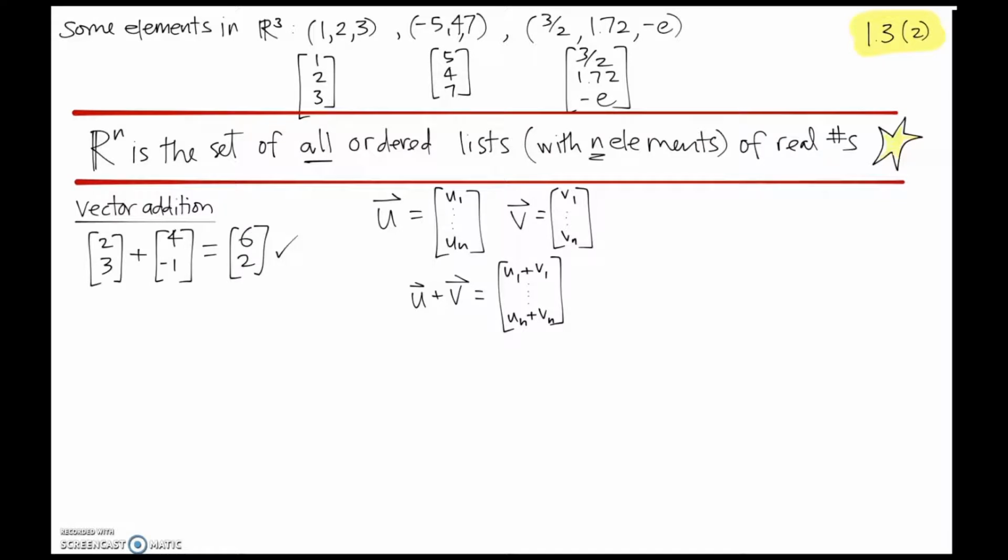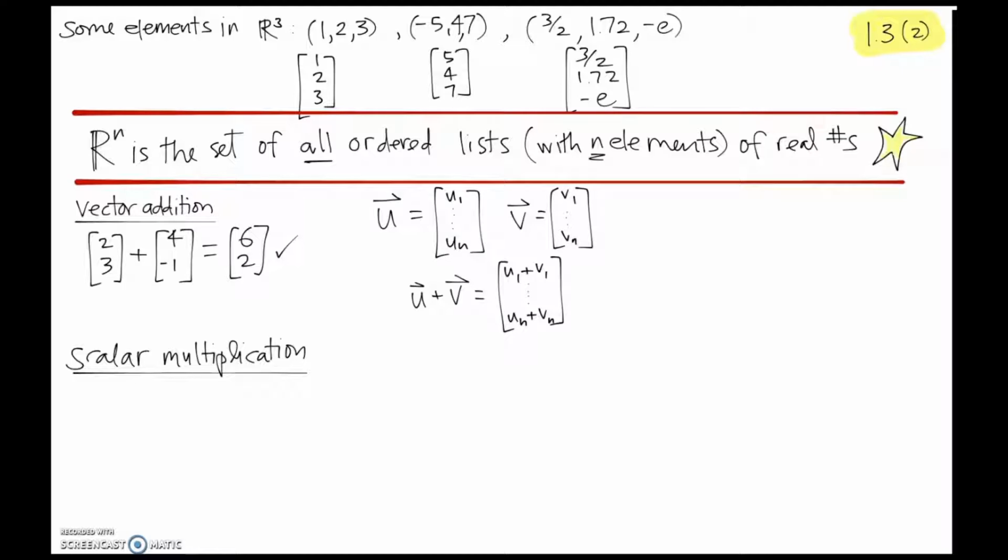The other operation that is going to be a big deal in Rn is, it's not vector multiplication, but it's called scalar multiplication. And this is where we multiply a vector by a real number. So scalar multiplication, think for a minute how you think this should work.